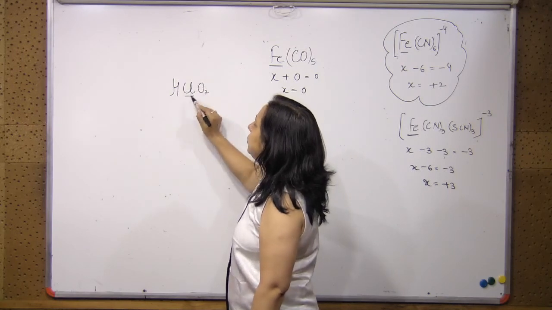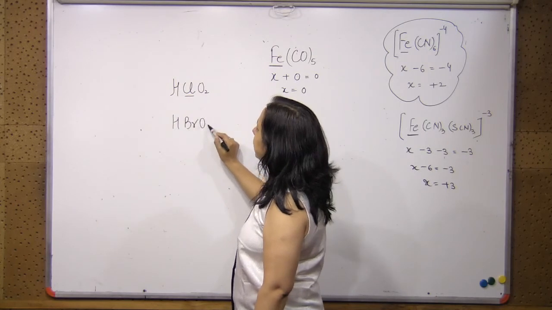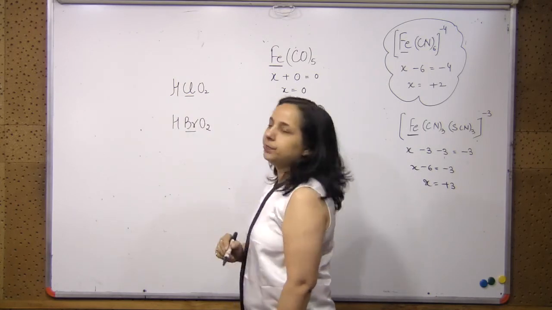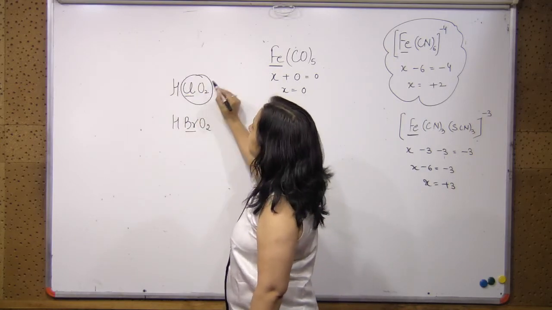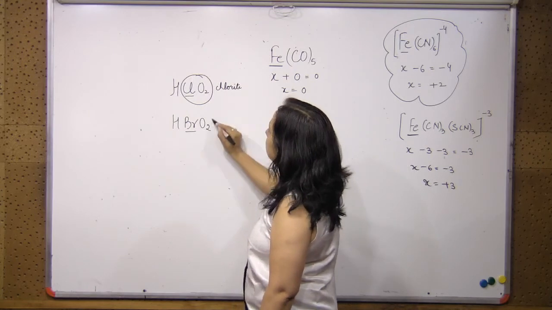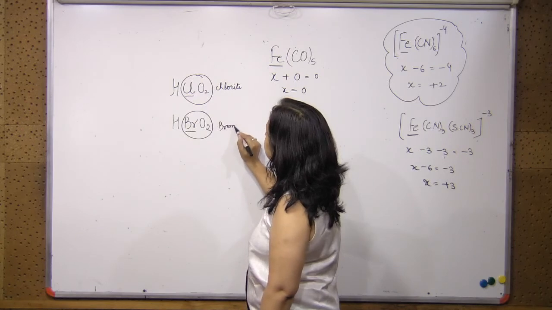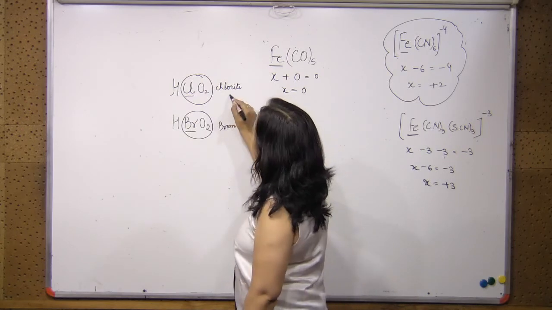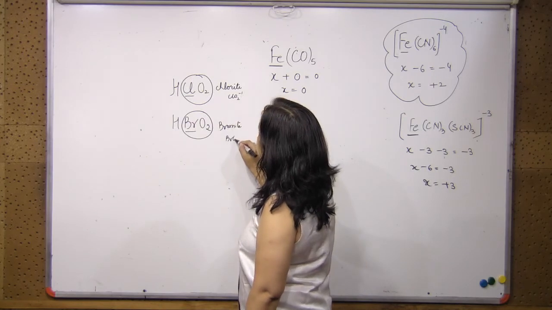HClO2, chlorine you have calculated. Can you calculate HBrO2 with bromine? If this is chlorite, so this is bromite. What is chlorite? ClO2 1 negative. And what is bromite?